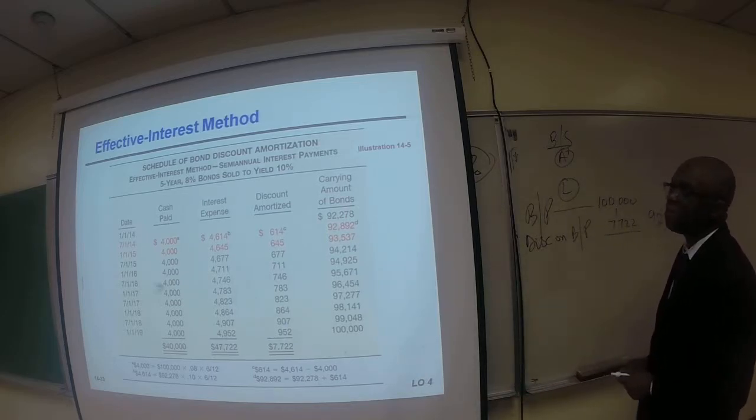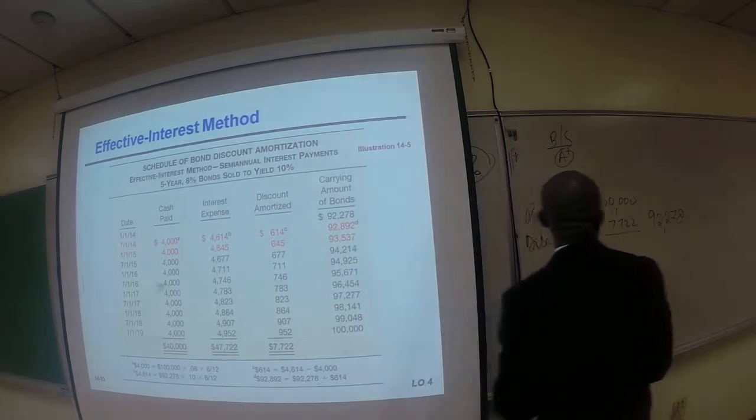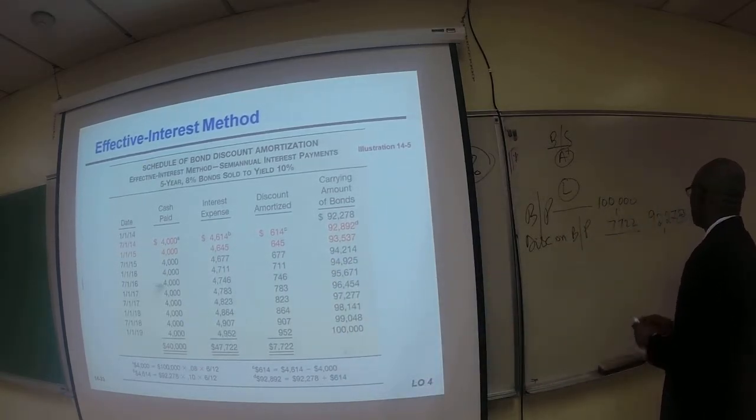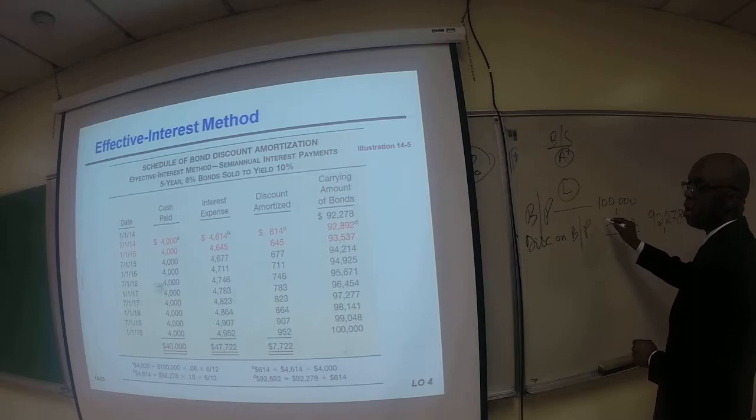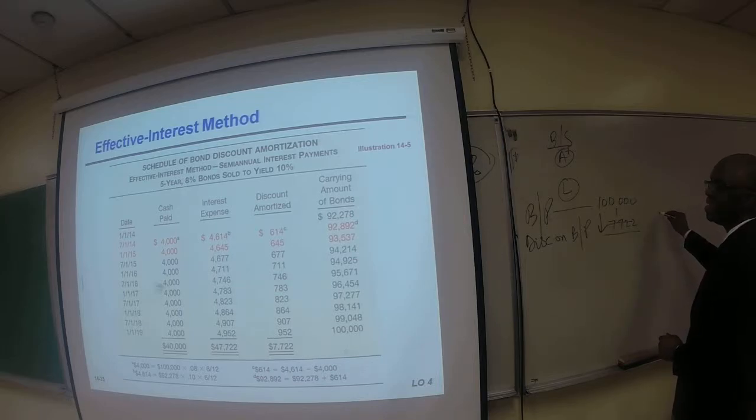So the discount on bonds payable is decreased by 614, and by so doing, the carrying value went up by 614, and we have 92,892.